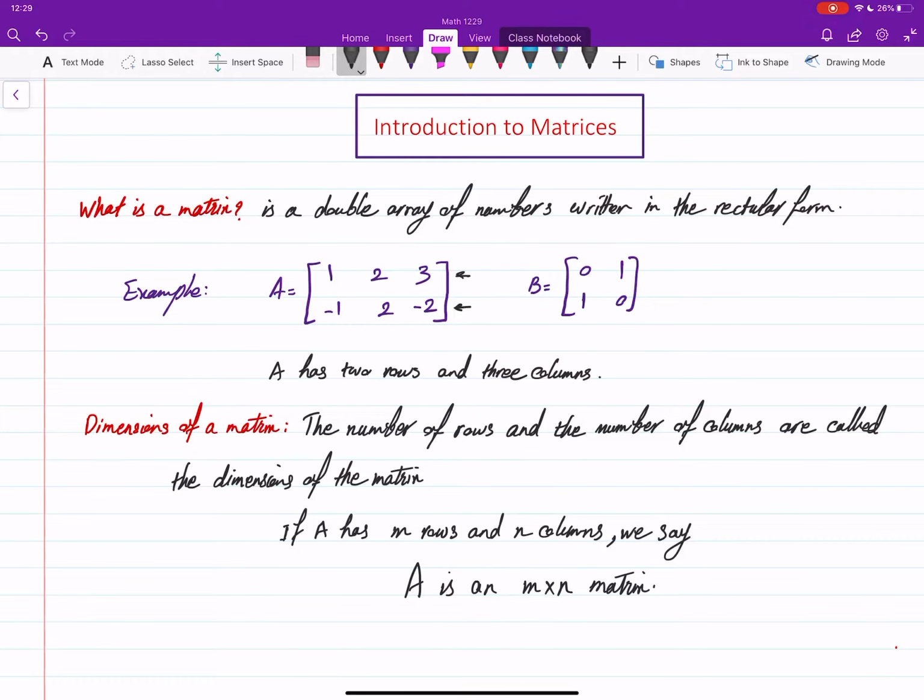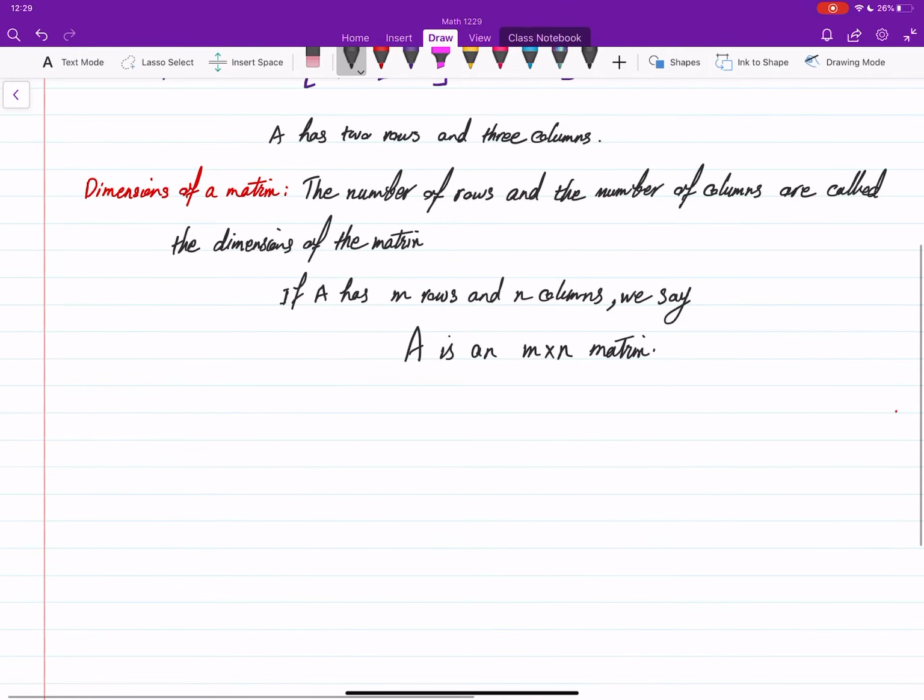This is the standard convention, and I believe that's the only convention, that we always put the number of rows first, then the number of columns, m by n matrix.